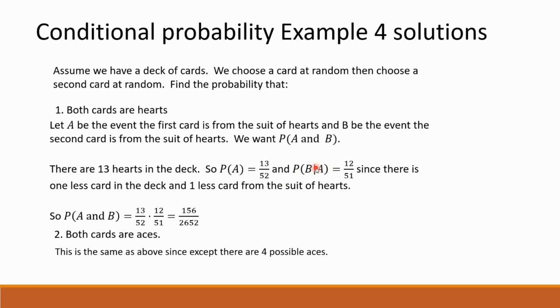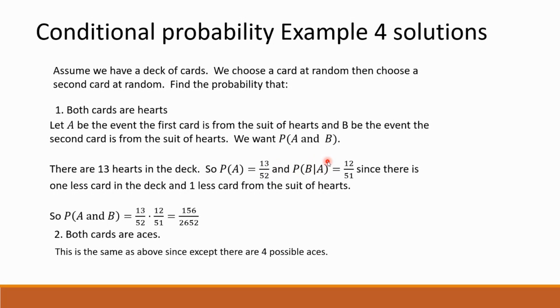So for the probability of B given that A has occurred, if A occurred, there's one less card in the deck, and also one less card from the suit of hearts. So there's 12 hearts left, and there's 51 cards left altogether. So this probability is 12 out of 51.